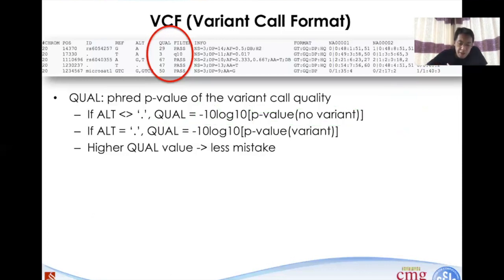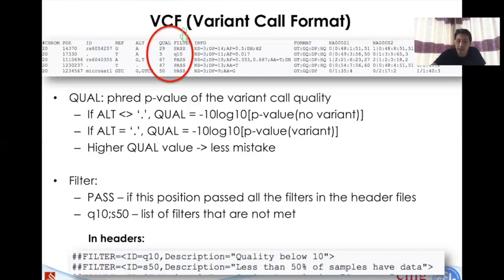The field afterwards is the filter. You can see that most of them say PASS. What that really means is that it passed all the filters defined earlier. These filters are defined in the header. Remember that we talked about the body of the file and the header.